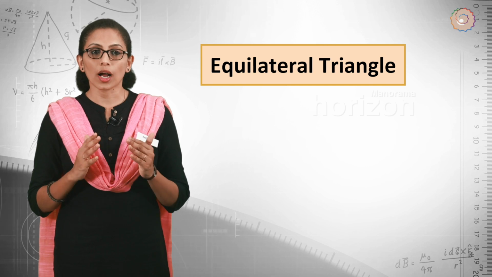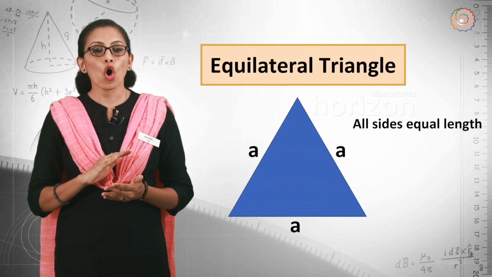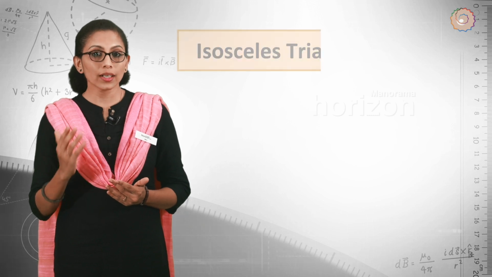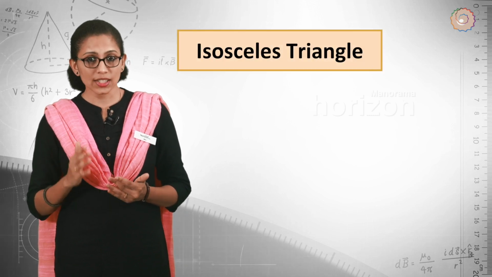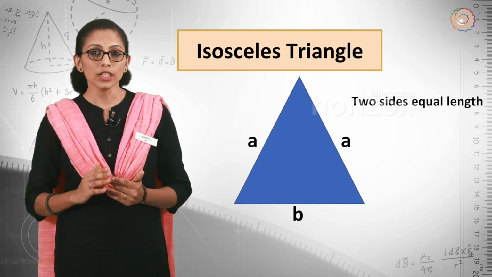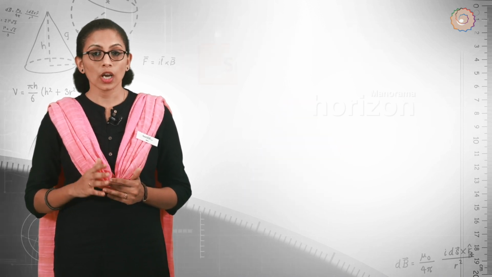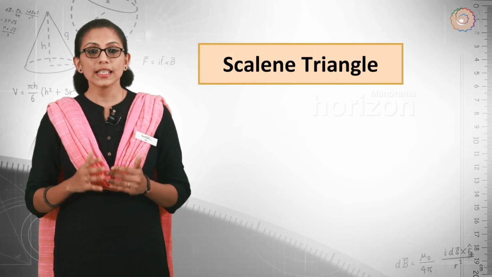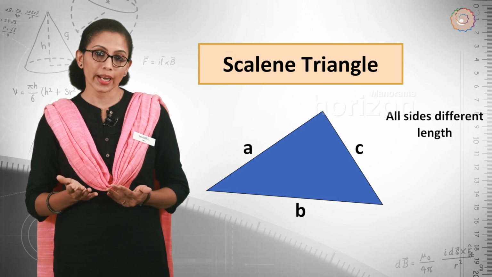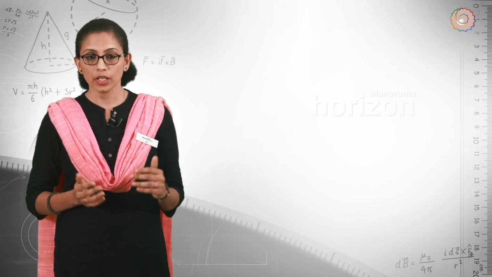Equilateral triangles are triangles in which all the sides have the same length. Now what are isosceles triangles? Isosceles triangles are triangles in which two sides have the same length. Now what is a scalene triangle? Scalene triangles are the ones in which all three sides have different lengths.